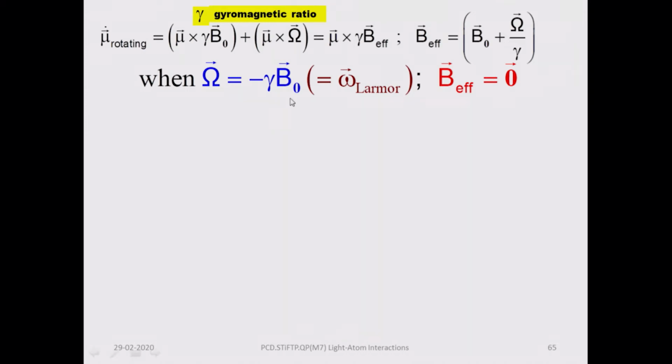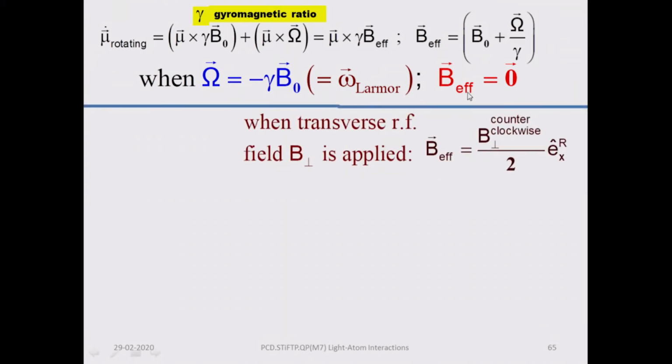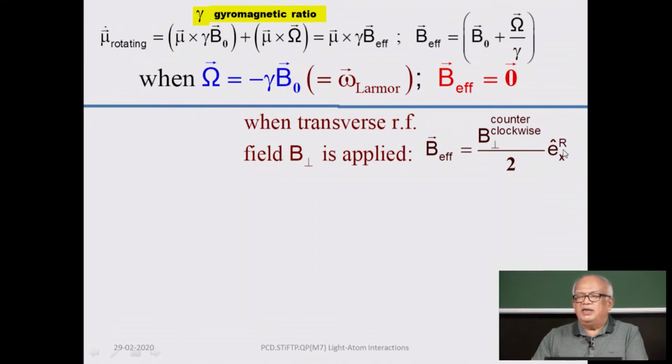The effective magnetic field is 0 as we have seen, and when the transverse magnetic field B perpendicular is applied, then the effective magnetic field is just half the magnitude of the counterclockwise component, and this is always along the rotating x direction. So, that itself is rotating, mind you, which is why it carries a superscript r to remind us that it is rotating.